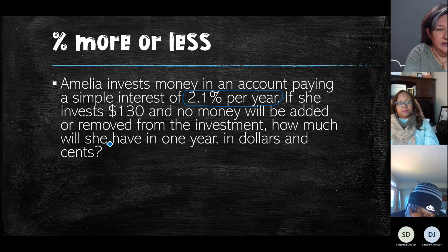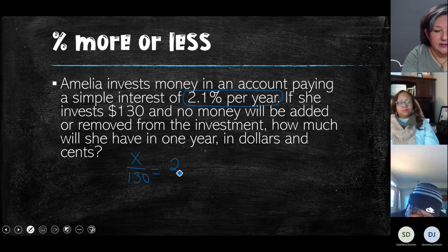So we've got x over 130, because we're trying to figure out what 2.1% is. Decimal in a fraction, I hate that. And my decimals aren't showing up.